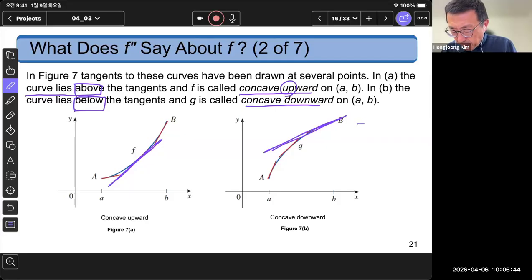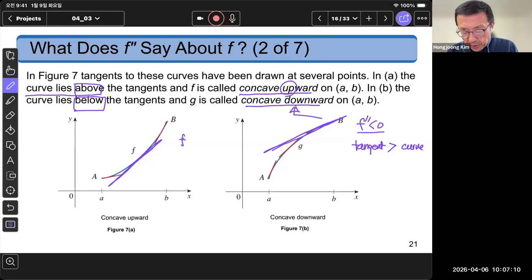So if f double prime is negative, then the tangent line and the curve lies below the tangent. In that case, we say the curve is concave downward.